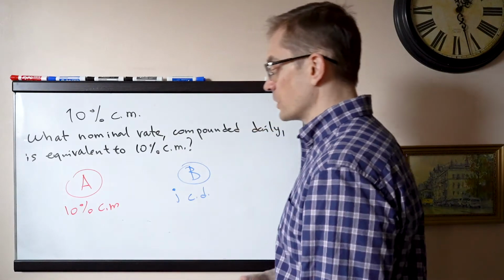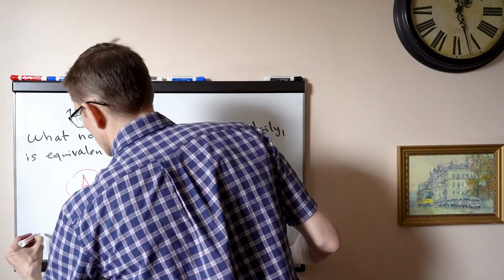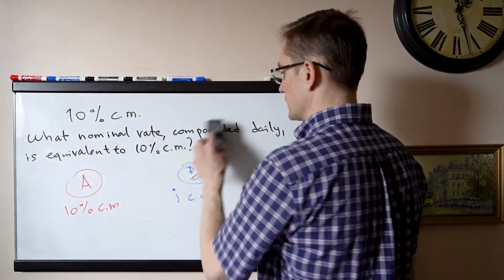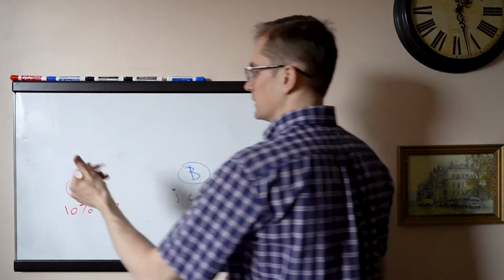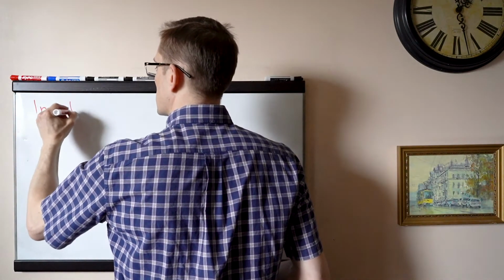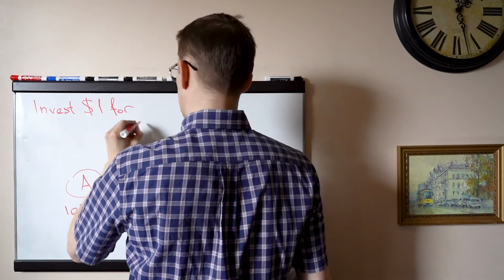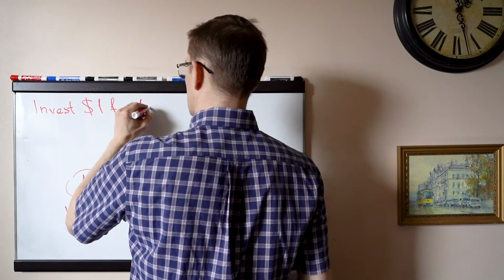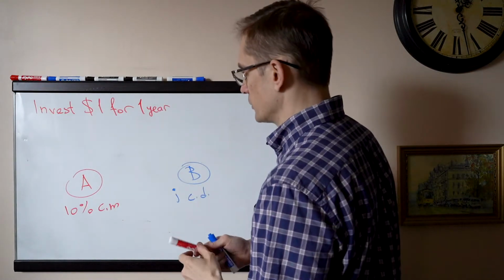In place A, we'll invest $1. So let me write this. Maybe I can erase this part. And here I'll say, in A, I'll invest $1 for 1 year.